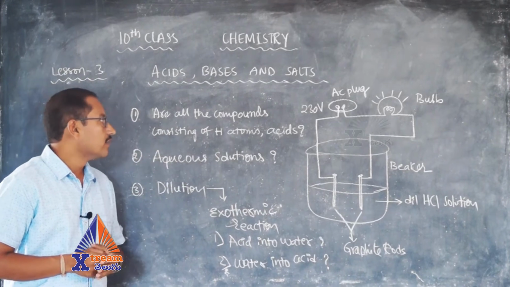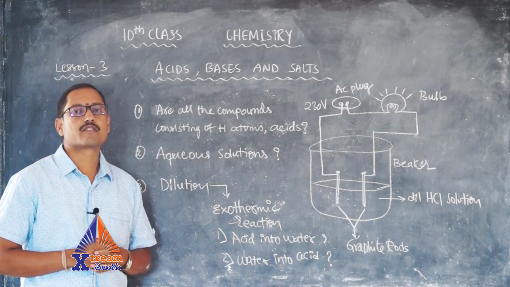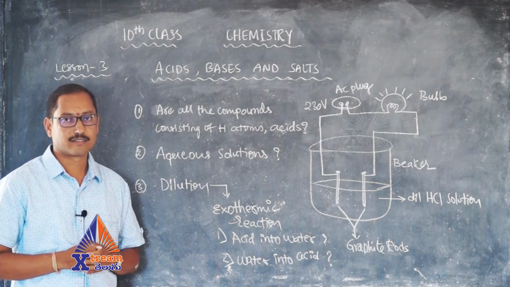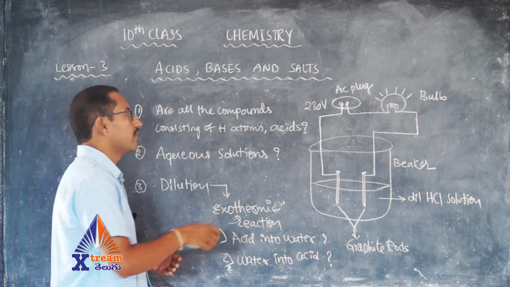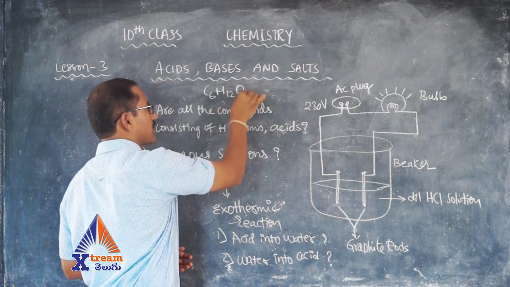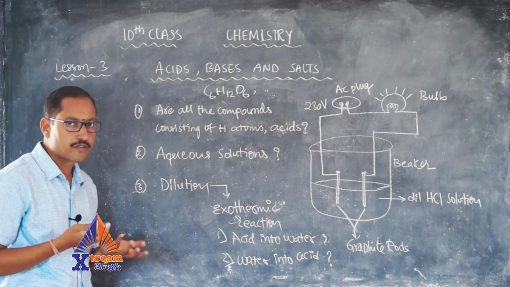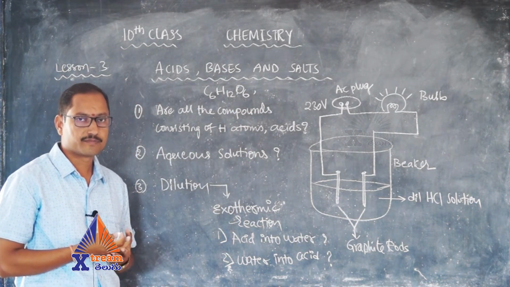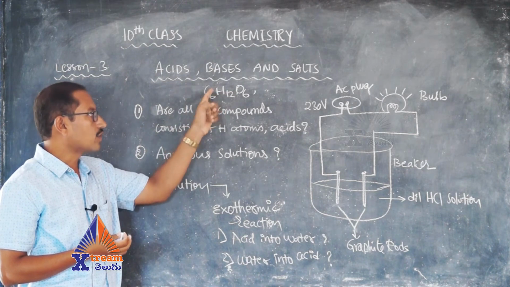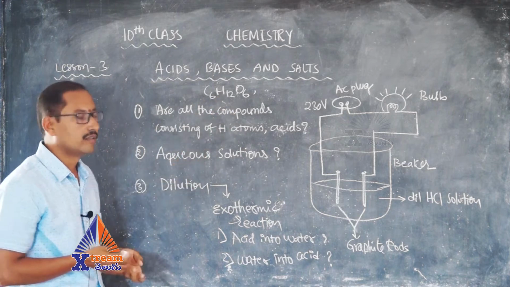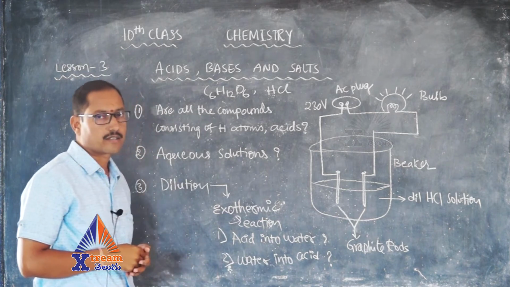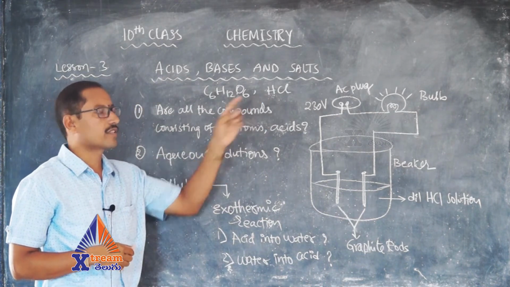First question is, are the compounds which consist of hydrogen atoms in them all acids? For example, if we take starch, C6H12O6, which is nothing but general sugar, which has got hydrogen here, and second one HCl, hydrogen chloride, which has got hydrogen here.